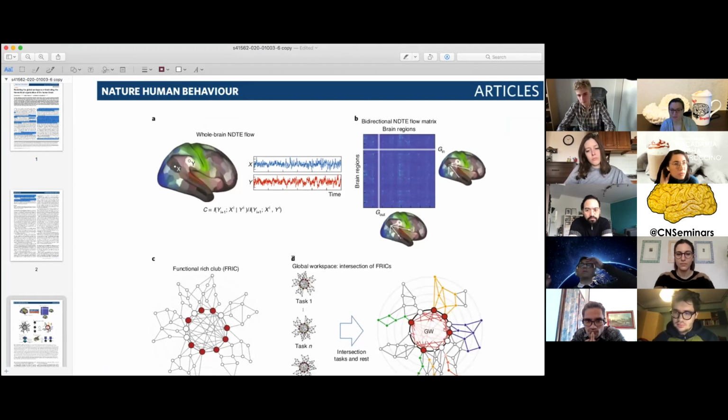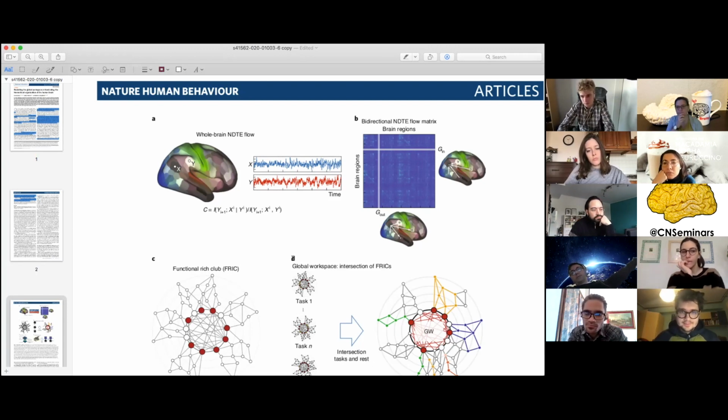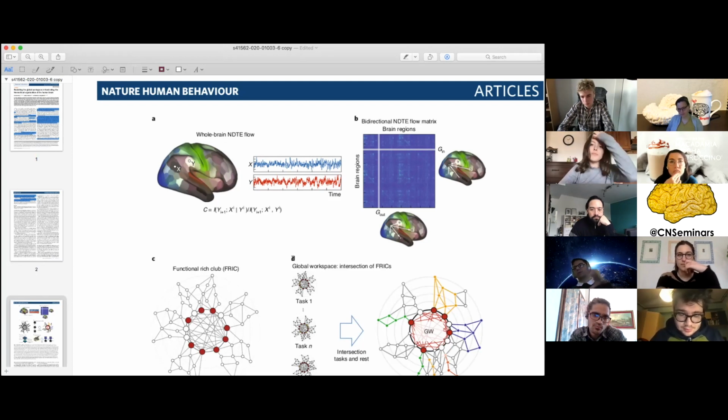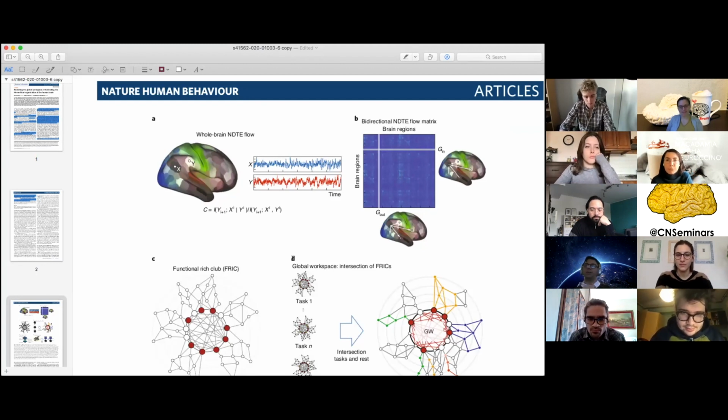Absolutely. They use the Rich Club, as they mentioned in the introduction, as a way to demonstrate their point and link it up with a global workspace and the variation of the interaction between what's not the global workspace and what's the global workspace in this FRIC model, and how it changes.